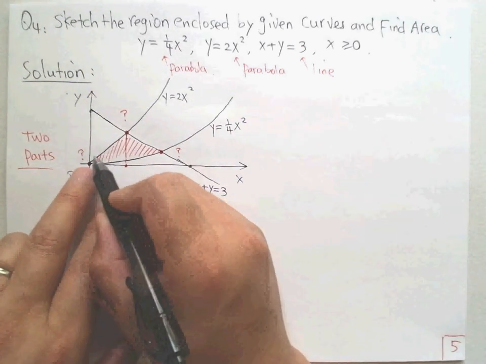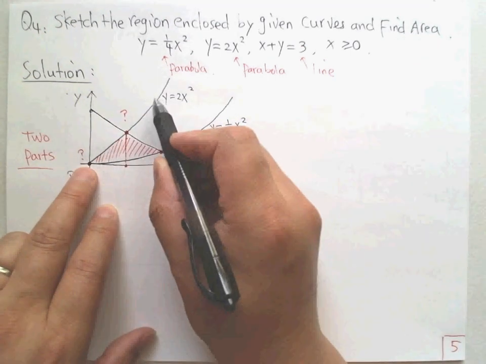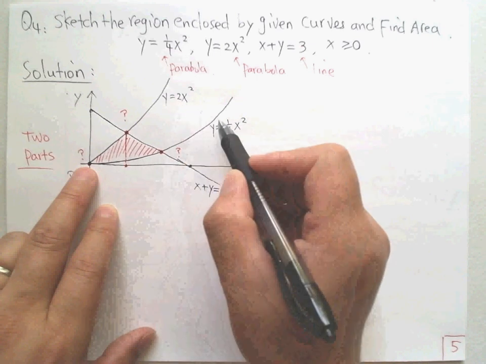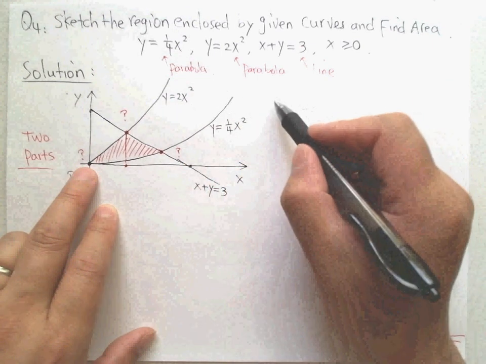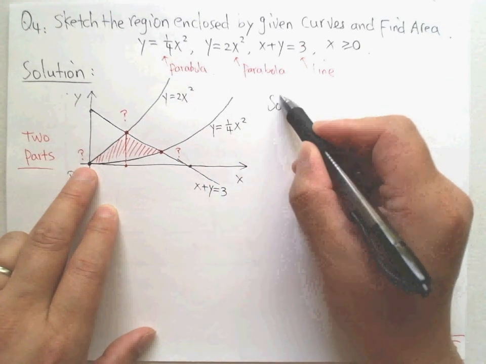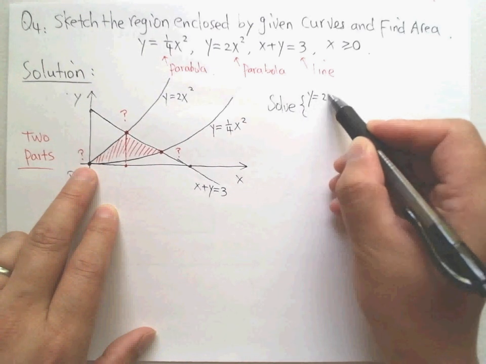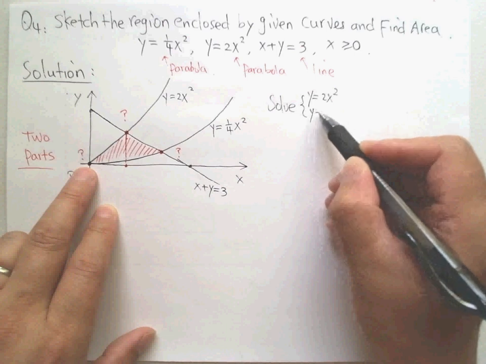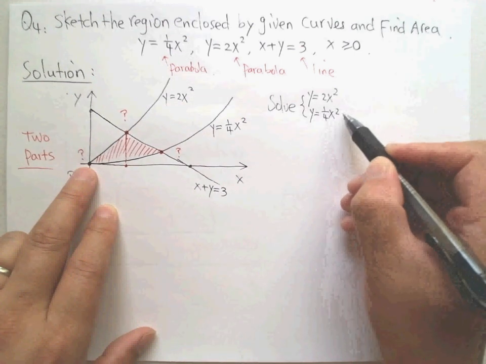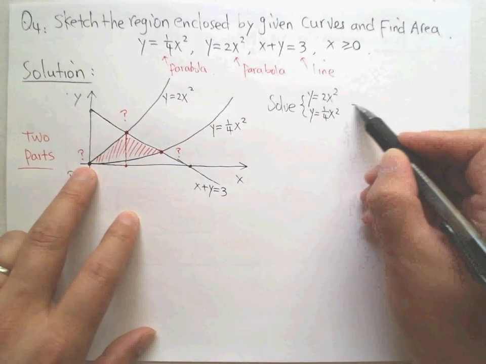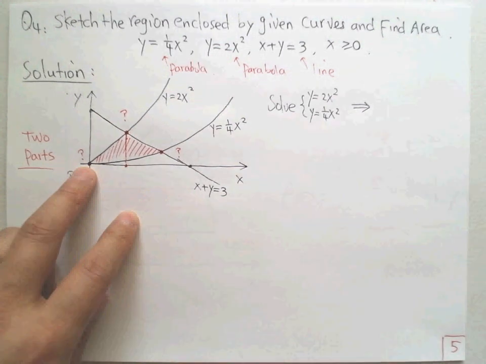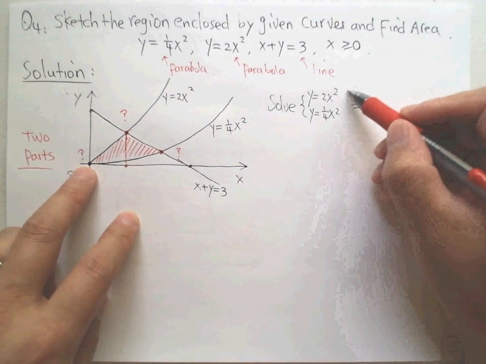Even though we know this is 0, why is this 0, the origin? So I should do it here. To find this point, we link this equation and this equation together to solve, right? So we need to solve y equals 2x squared and y equals 1/4 x squared.